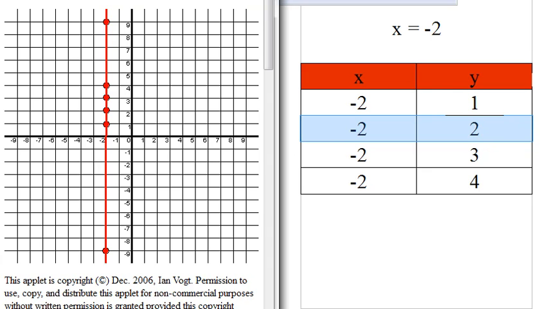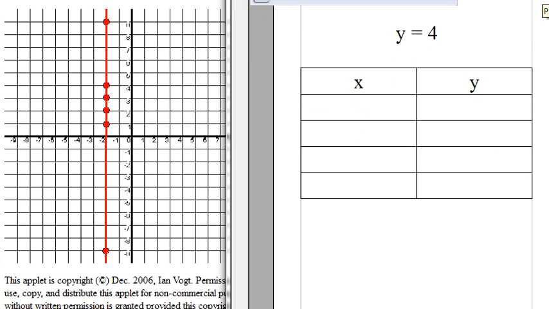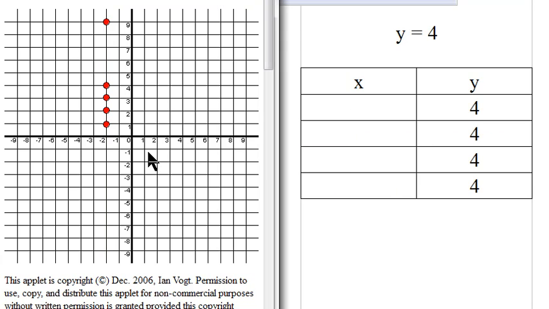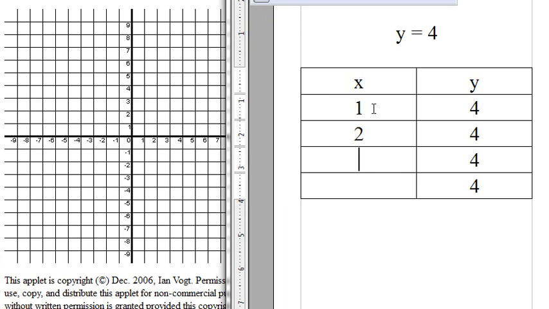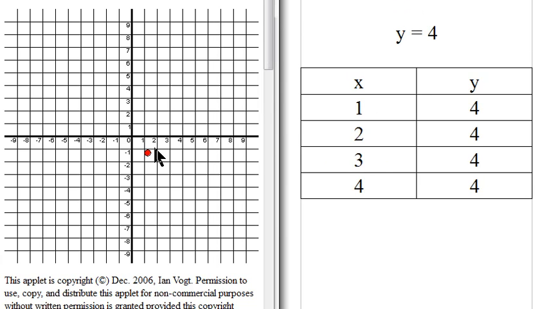Okay, let's go and do another one. So here's one. This one is y equals 4. So we know for all our points the y value will be 4. X values can be whatever we like. When I go to graph these points, let's see. 1, 4 is going to be right here.